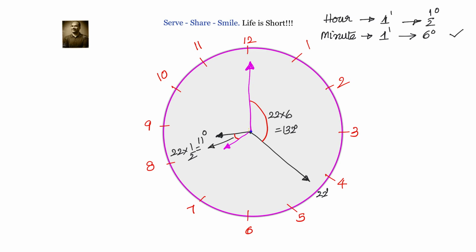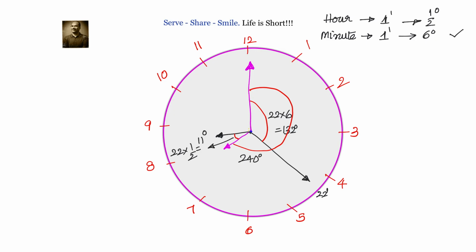So let's go ahead and put that. We know that this angle is equal to 240 degrees.